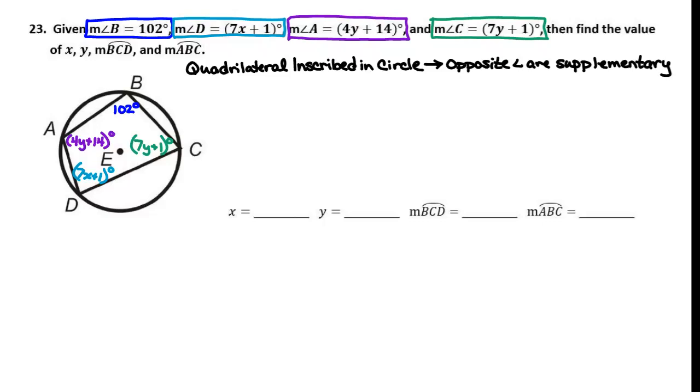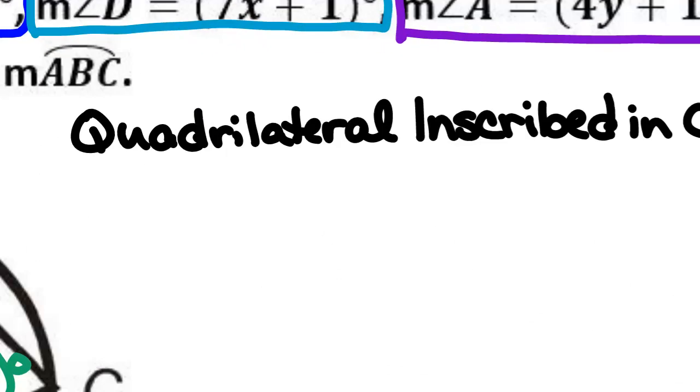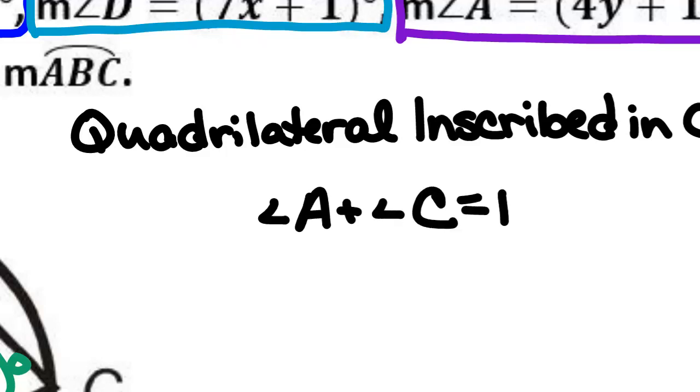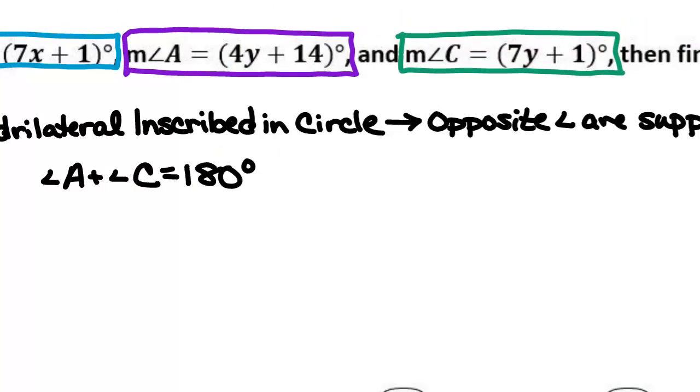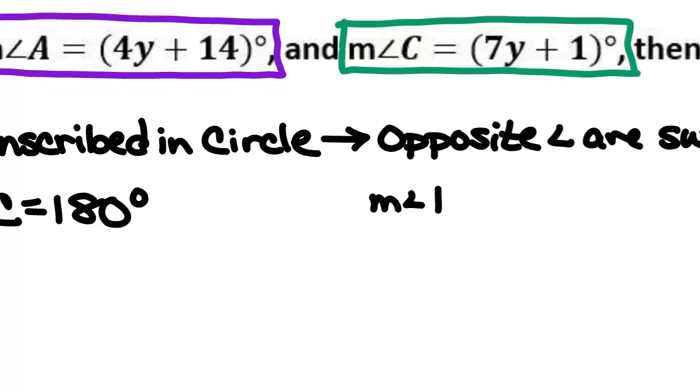D and C are not opposite angles. A and C? A and C. So angle A plus angle C equals 180. What's the other pair of opposite angles? B and D. So the measurement of angle B plus the measurement of angle D equals 180.